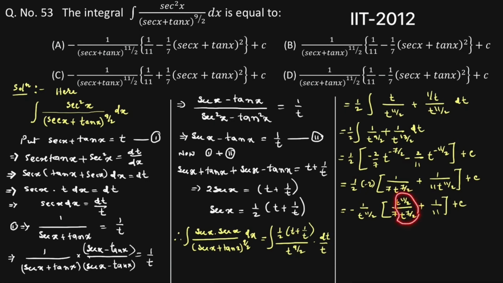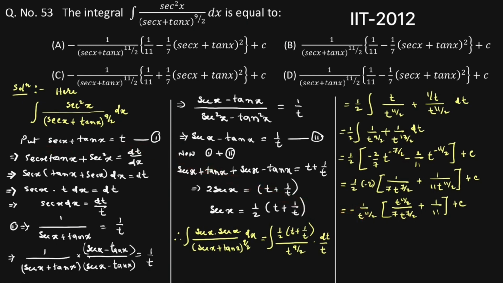If you solve this, then you will get t to power 11 by 2 into t to power minus 7 by 2, which is equal to t to power (11 minus 7) by 2, which is equal to t to power 4 by 2, equal to t square. So in the place of t, we are able to write this, that is sec x plus tan x.